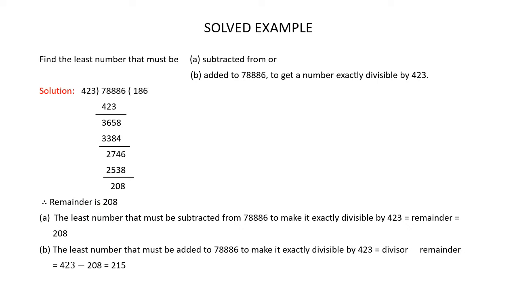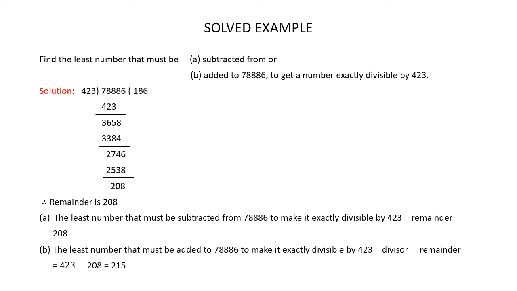Now to make the given number 78886 completely divisible by 423, there are two methods. The first method is to subtract the remainder 208 from this given number. When you subtract 208 from 78886, you get a number that is completely divisible by 423.